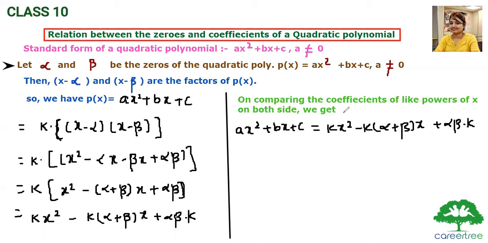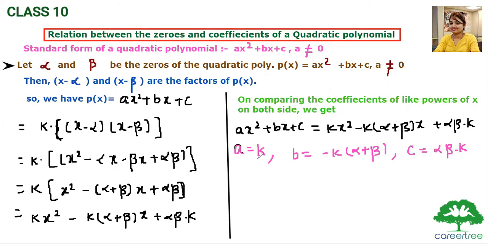Now if we compare the coefficients of like powers of x on both sides, LHS and RHS, starting with the coefficient of x squared, we get a equals k. Coefficient of x, b equals minus k into alpha plus beta. What is the constant term? c equals alpha beta into k, right?